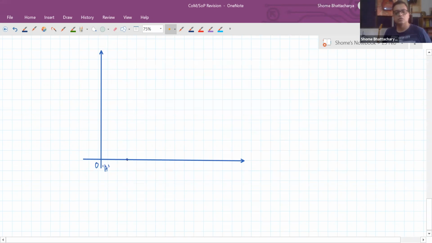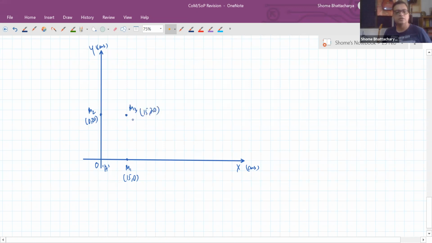So we have M1 at the point C1, which was 15, 0. We have M2, which is at the point C2, which was 0, 20. And we have M3, which was at the point C3, which was 15, 20.